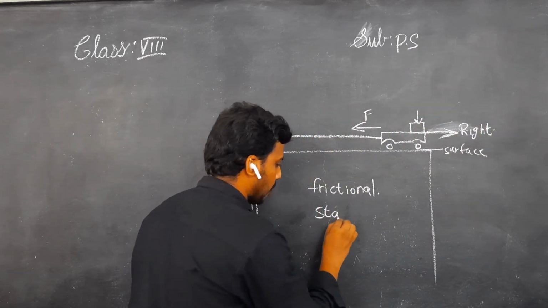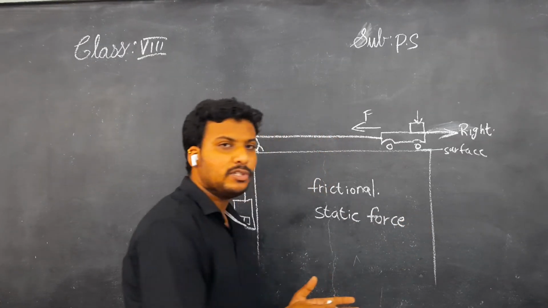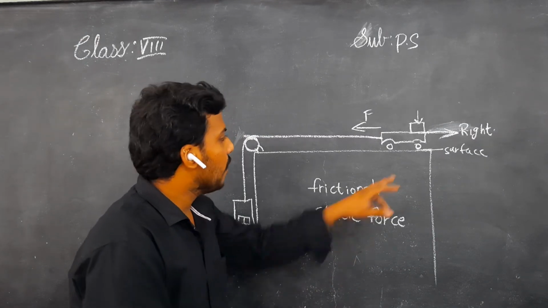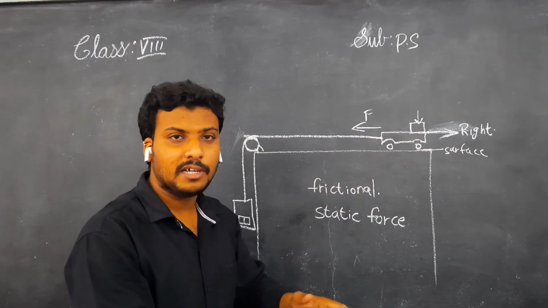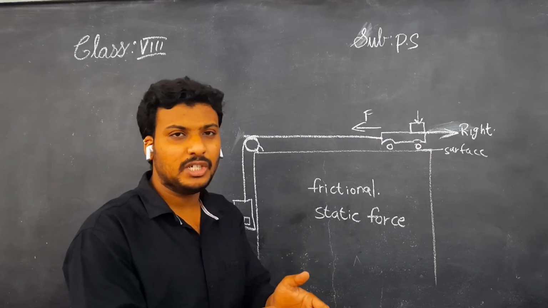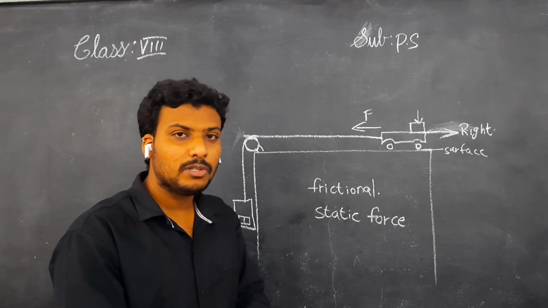Next, what did we say? Static force. What is static force? Static force is also a force which comes into play when the objects are at rest relative to each other. When the objects are at rest, rest means stable. But what is relative? Sir, what is relative?